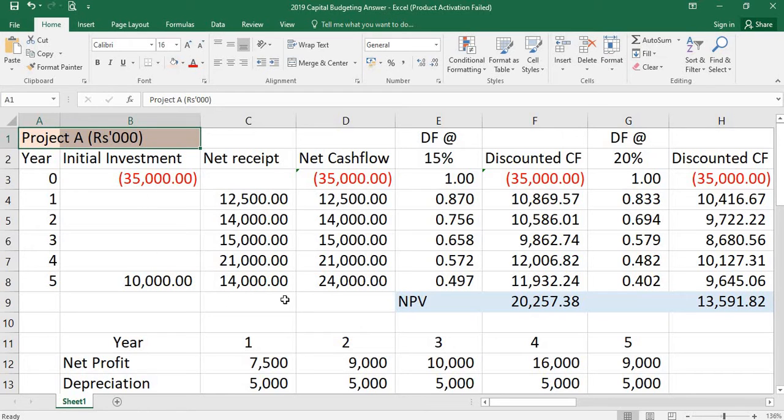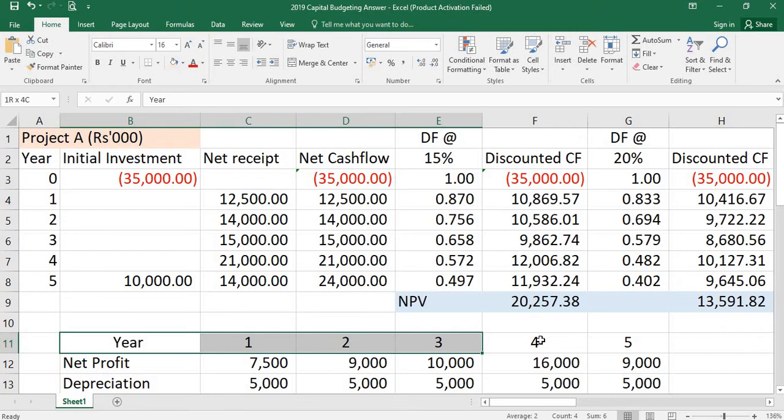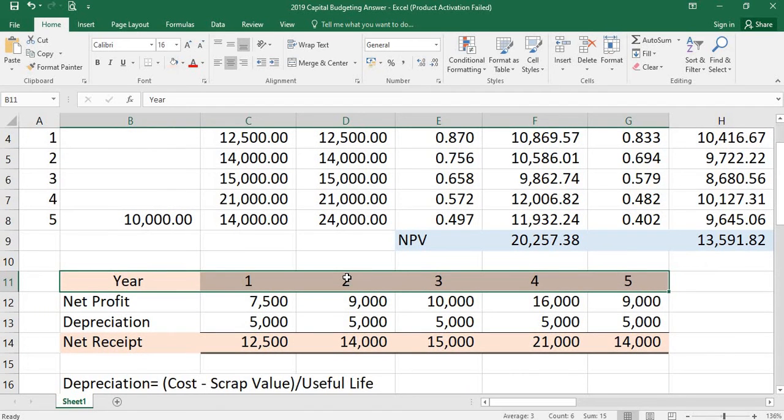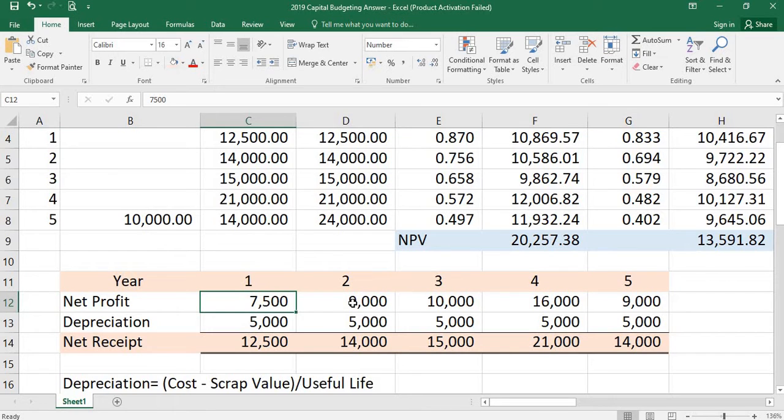Therefore, first let's do the depreciation adjustment to find out the net receipt. Net profit he has given in the question: for the first year 7,500, second year 9,000, again 10,000, 16,000, 9,000. So I have put it here.